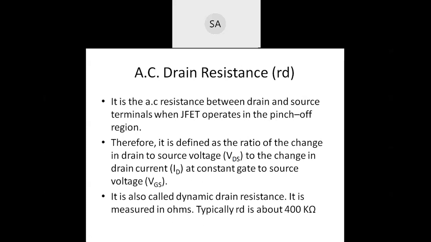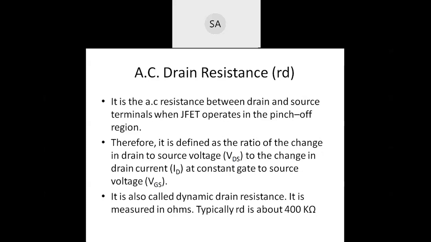Resistance, we know, is R equal to V by I. But how are we defining the AC drain resistance of a JFET? It is the AC resistance between drain and source terminals when JFET operates in the pinch off region.